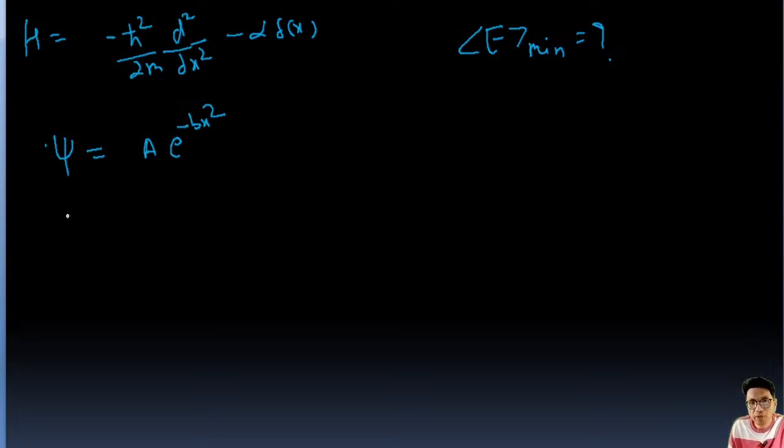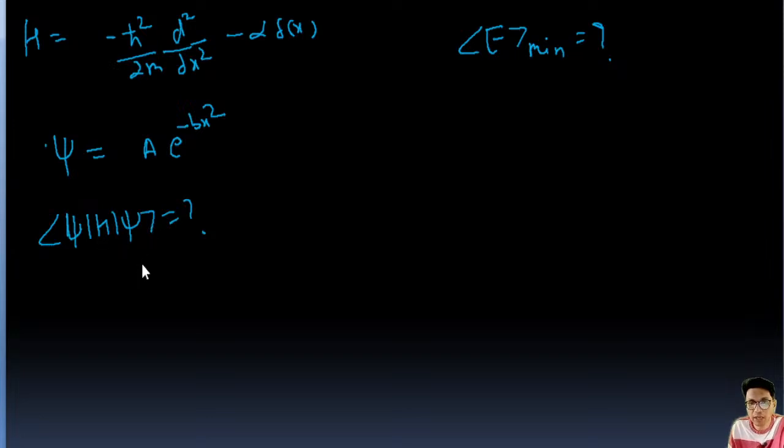First we are going to find the expectation value of the Hamiltonian, that is, <psi|H|psi>. The trial wave function is given and b is the parameter here.